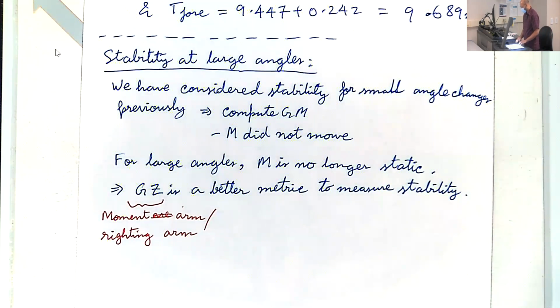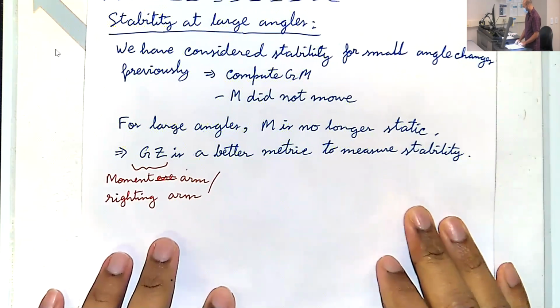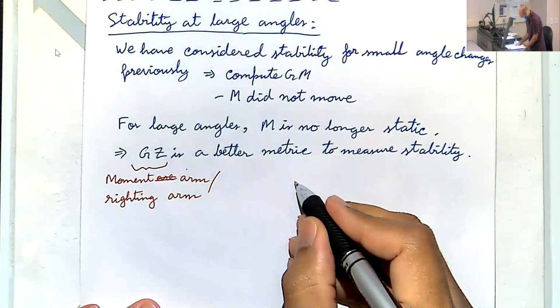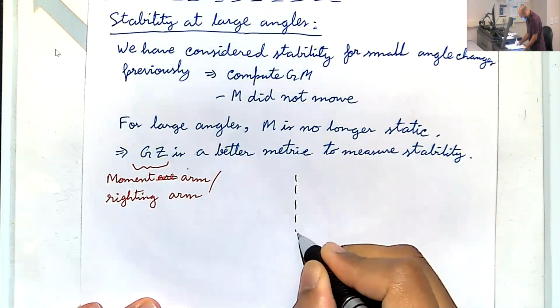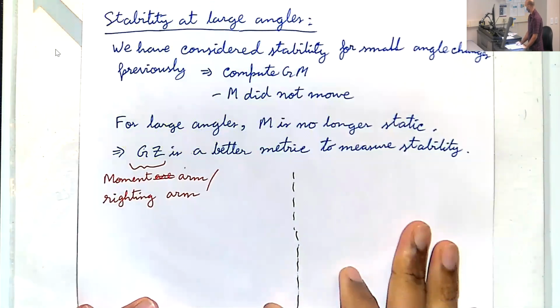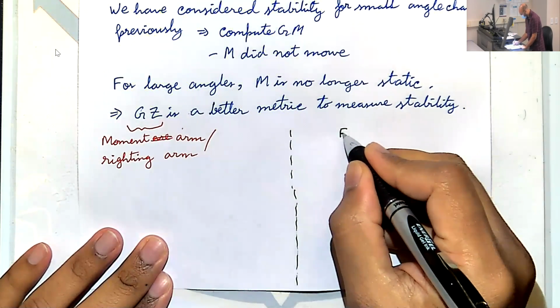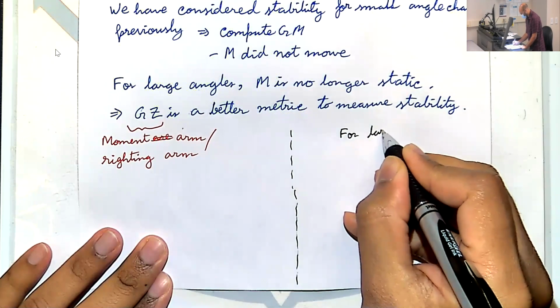Okay. So let me draw two sets of sketches here. On the right, we'll have large angles.